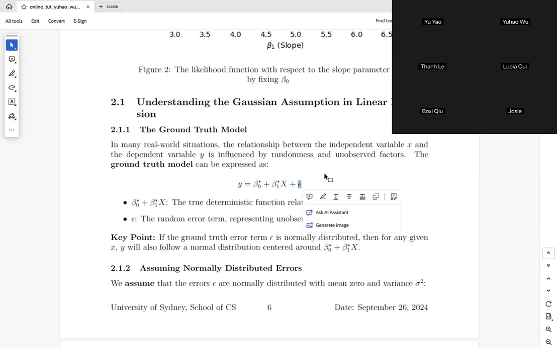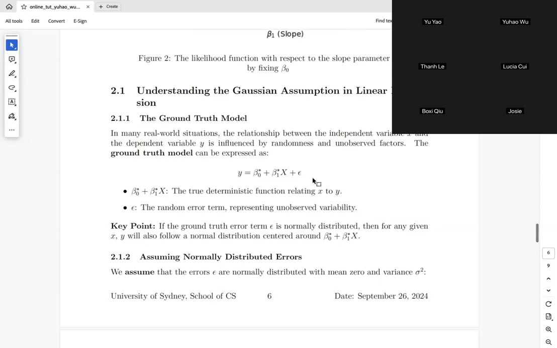So if this epsilon belongs to a normal distribution, the y also belongs to a normal distribution in the ground truth situation. When we do linear regression, we also want to optimize our model in the ideal situation. In this situation, if the epsilon belongs to a normal distribution, the y also belongs to a normal distribution. So this is why we can make an assumption on epsilon, and then also make an assumption on the y, and think the y is also from a normal distribution.